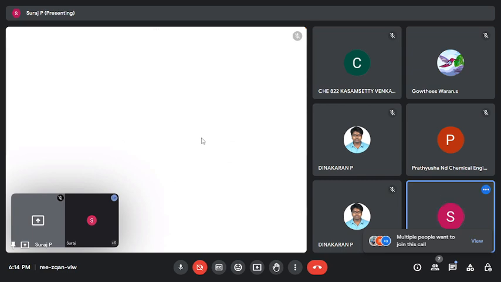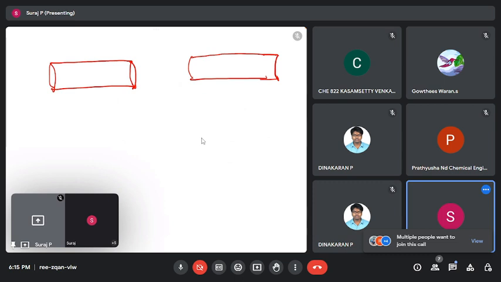Like if we have two pipes, both are having the same length and both have the same diameter also.